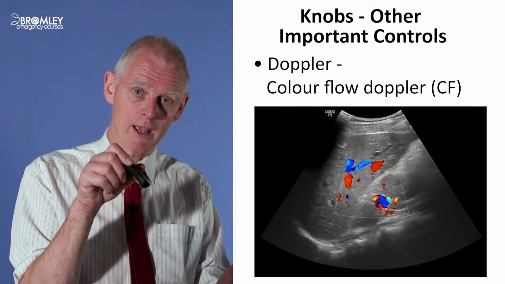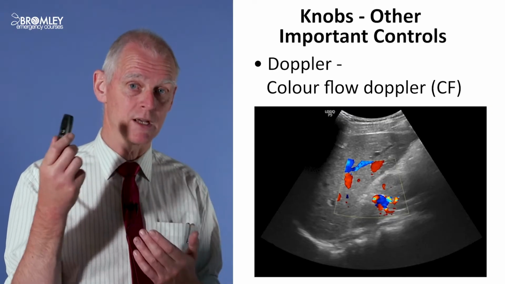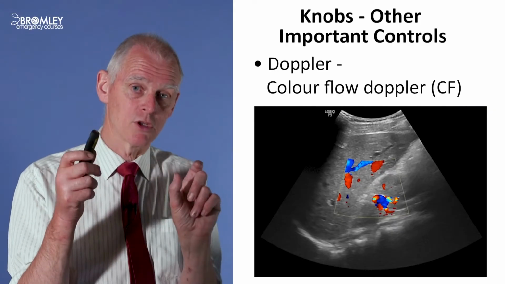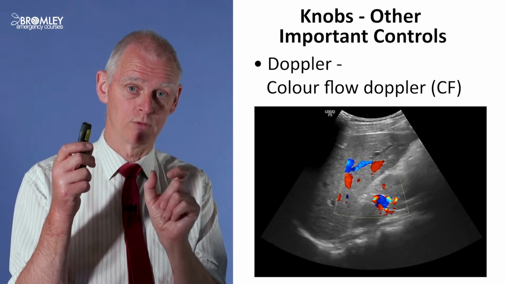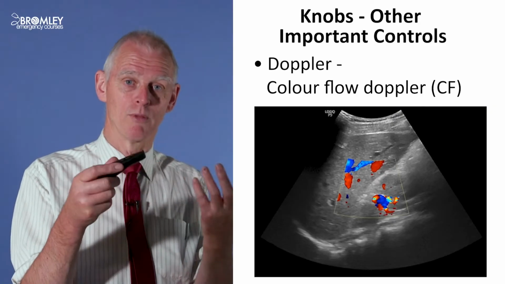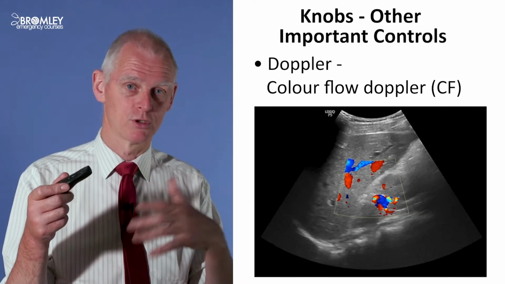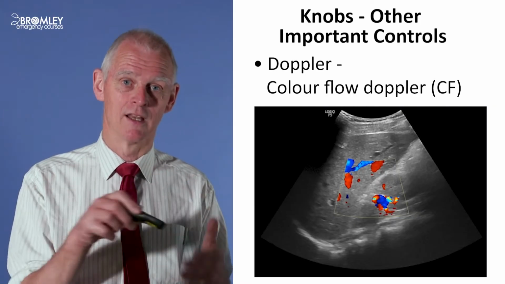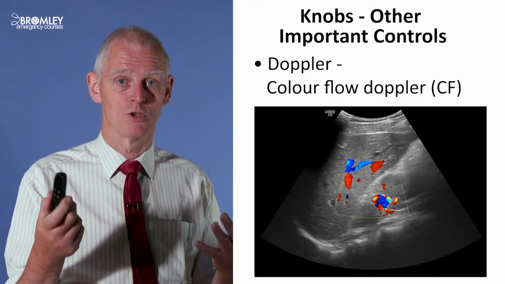It sends a beam out, and as the beam comes back to the probe, the frequency shift is picked up by the probe, and it turns out that the shift in frequency is in the audible range. So the probe gives you an audible signal, whoosh, whoosh, whoosh, indicating the pulse underneath it. So that's one of the common uses of Doppler.